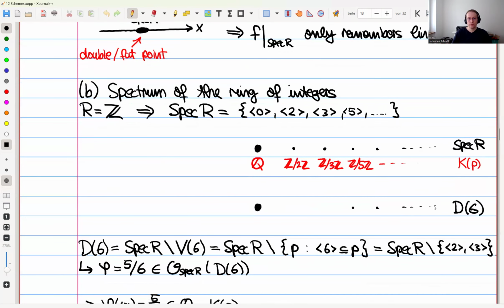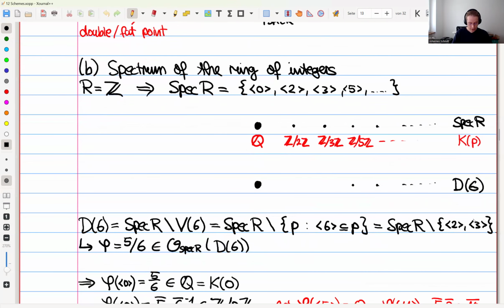And now what we have seen is inside there we have some distinguished open sets. So for example, the distinguished open set associated to the element 6 in Z. Let's see what this is. So this D(6) is Spec R minus the vanishing set of 6. So it's the spectrum minus the set of prime ideals such that the ideal generated by 6 is contained in the prime ideals.